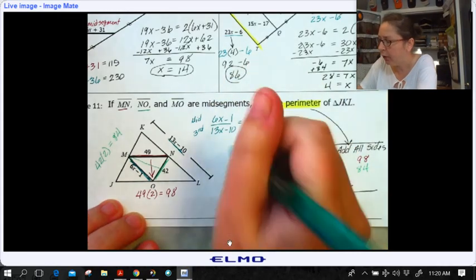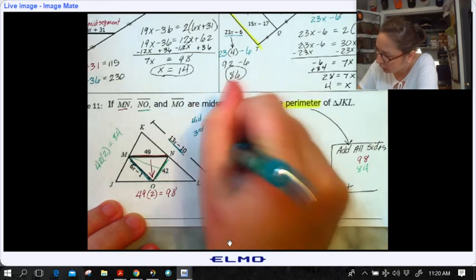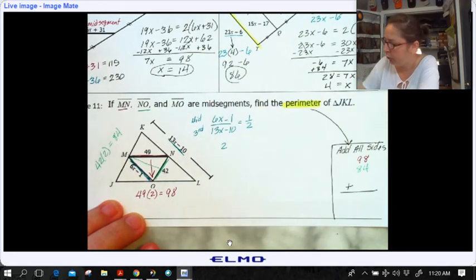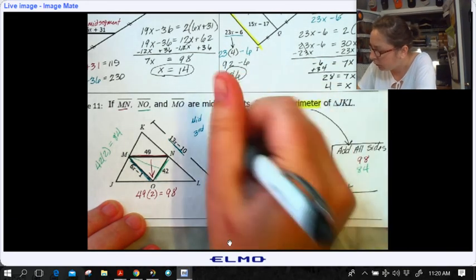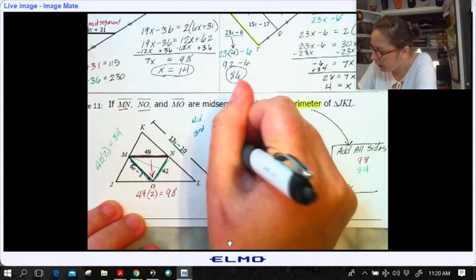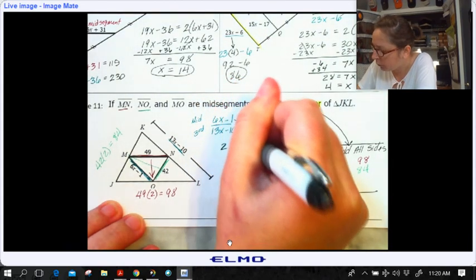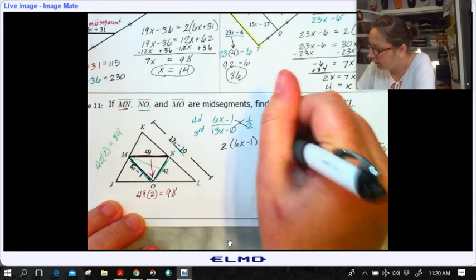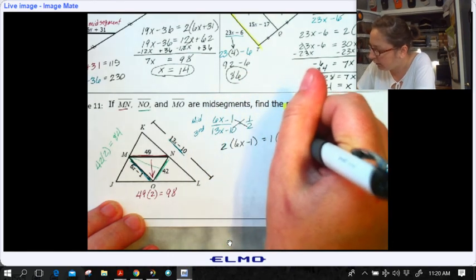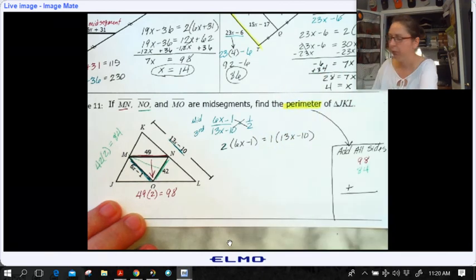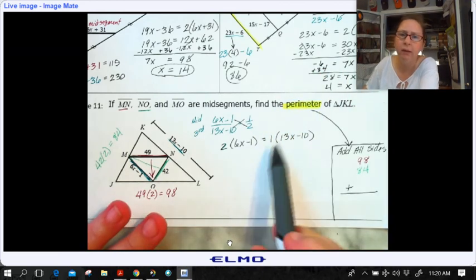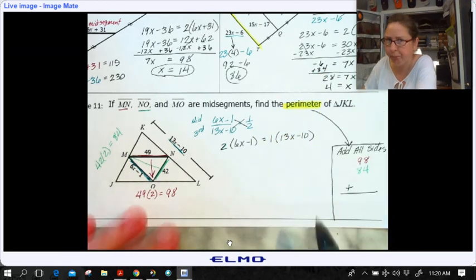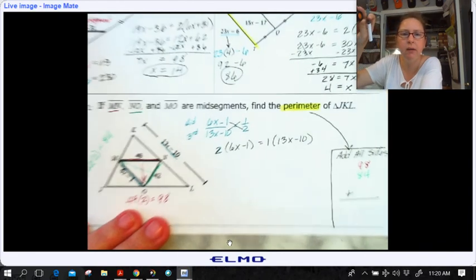So let's go ahead and cross multiply. 2 times 6x minus 1 equals 1 times 13x minus 10. Okay, I hadn't written that before. You don't have to. I just did.